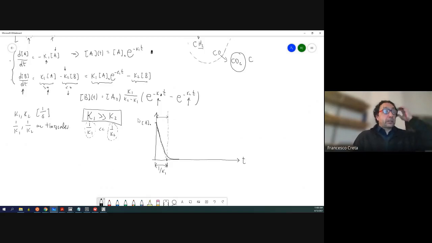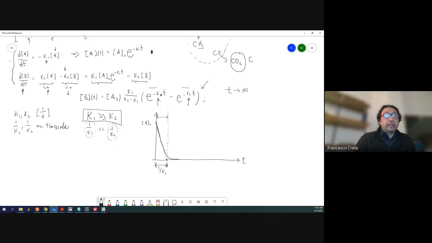Now, let's concentrate on B for a second here, and look at the form of the expression for B. We're looking for the behavior of B for large times. So for t very large, you see that you have here 2 terms that are exponentials.